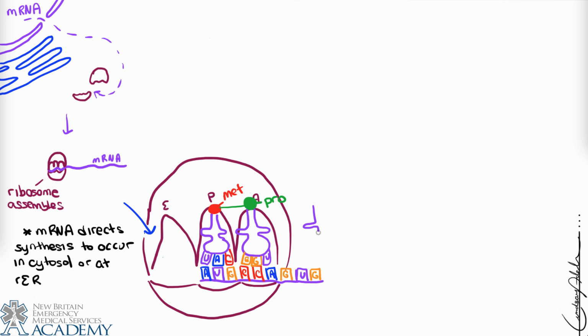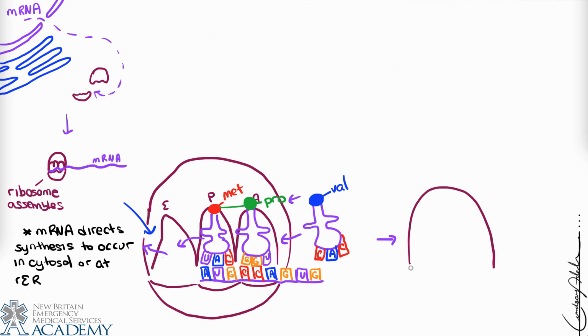So we now have a covalent bond, or a peptide bond, between those two amino acids. And then as the process continues, the initial tRNA in the P site will move to the E site. The tRNA in the A site will move to the P site, and a new amino acid will slide into the A site, and we'll again have this chemical reaction between the green amino acid, which is proline, and the next amino acid that's coming in.